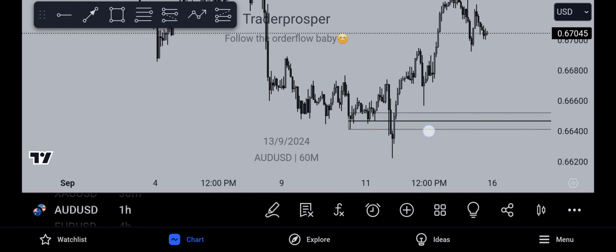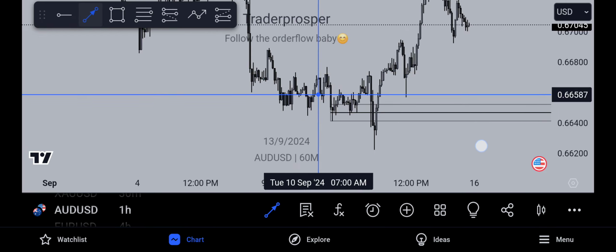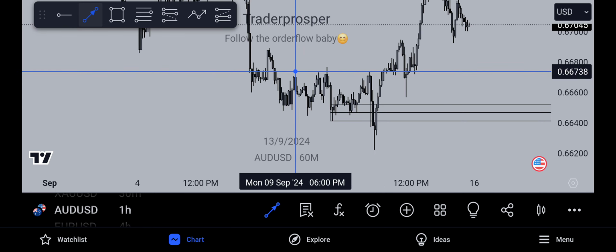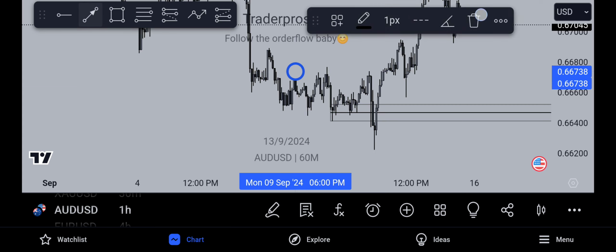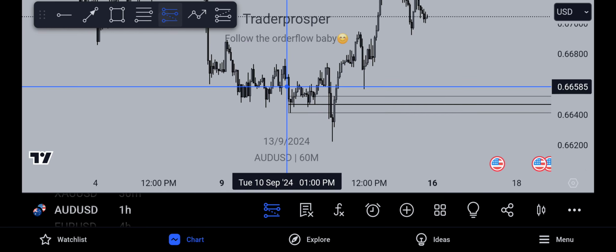The market was bearish, and I was expecting a sell from this high, from this first high. I was expecting a sell from that first high, but then market took me out.